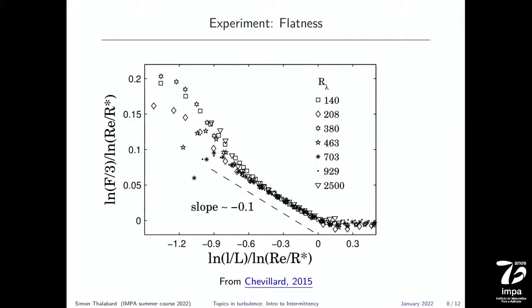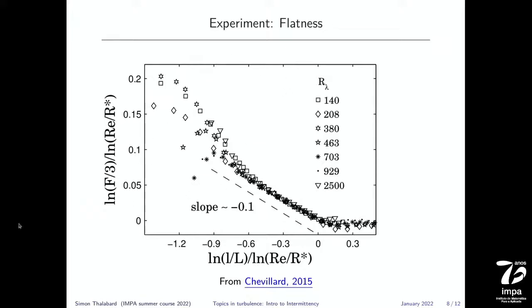And the answer is no. So this is the example that I discussed briefly yesterday, where we have gathered on the same graph experiments at various Reynolds number. The data is rescaled so that the integral scale, L, is exactly set to 1, and eta is something which is on the left.